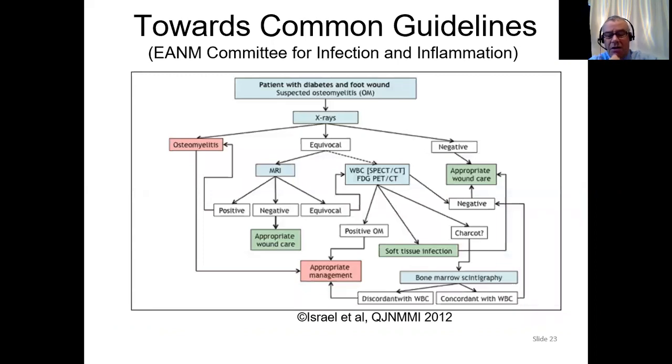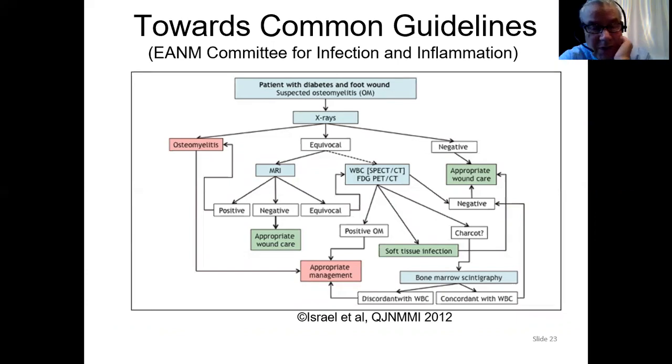So this is an algorithm that was put together by the EANM Committee for Infection and Inflammation on how you would use hybrid imaging in patients with diabetic feet. It's slightly complex, and I'll let you look at this at your leisure later on.